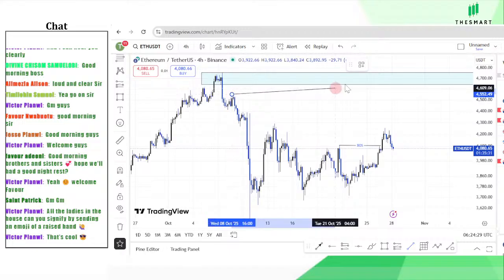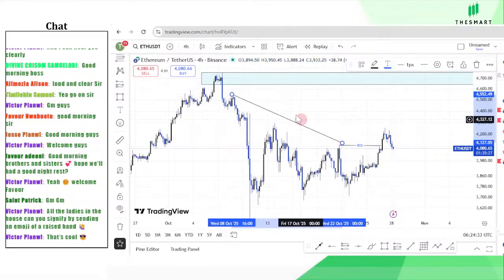So we said this is our engineered liquidity, all of this here is our liquidity pool. We want to see this price continue all the way to this point. That's what we want to see. So all we're looking at for this week again is still buys, just like the analysis we did last week.